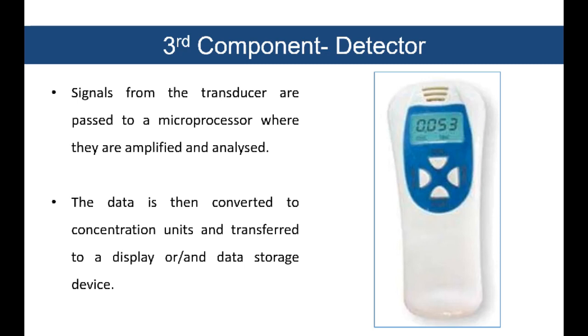The detector detects the measurable signal coming from the transducer, which is further passed to the microprocessor where it is properly analyzed, amplified, and filtered out, and that data is converted to the required units with the proper alignment of the data and transferred to the display and the storage unit.